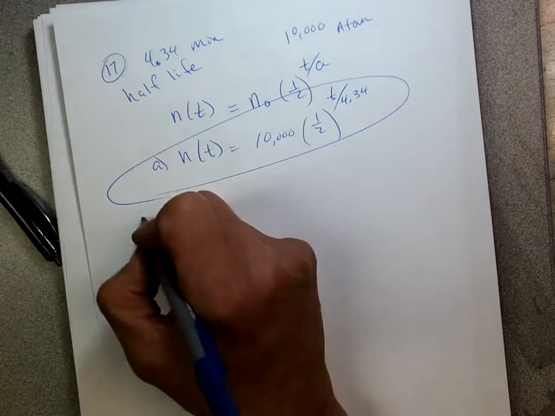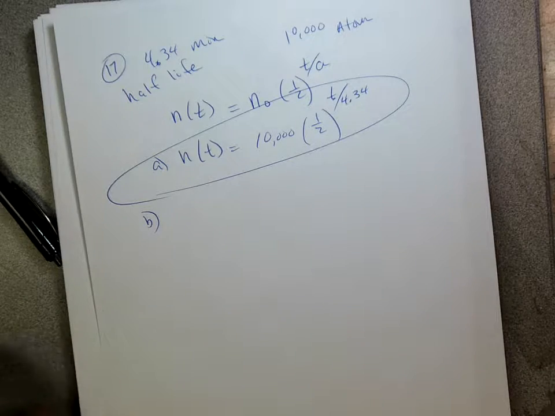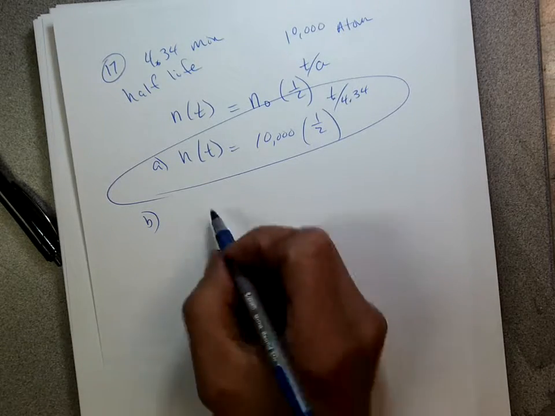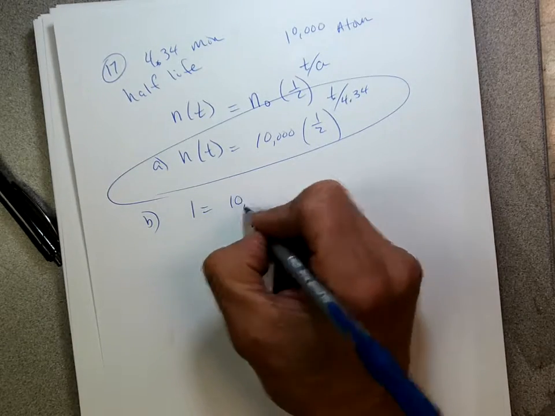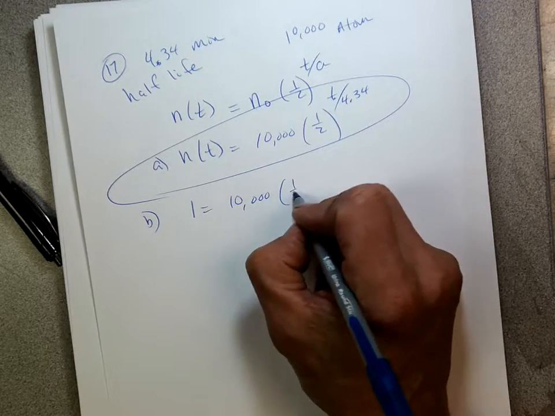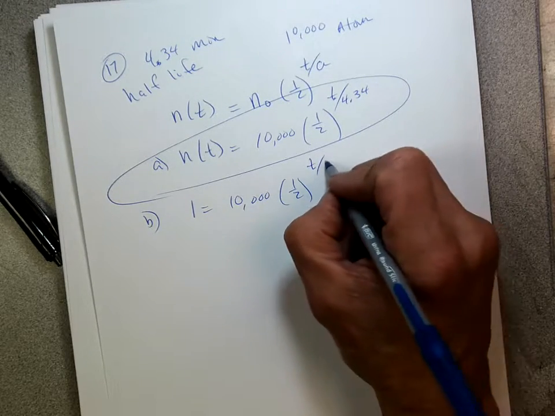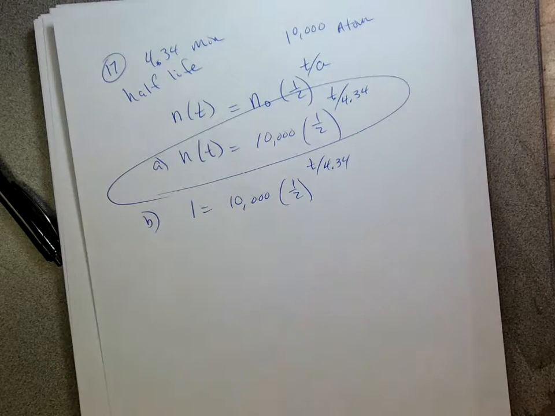B. How long will it take for only one atom to be left? So we're going to set it equal to 1. 1 equals 10,000 times 1/2 to the t over 4.34, and we're going to solve. So divide by 10,000. 1 divided by 10,000, that's probably going to move the decimal a few places, right?